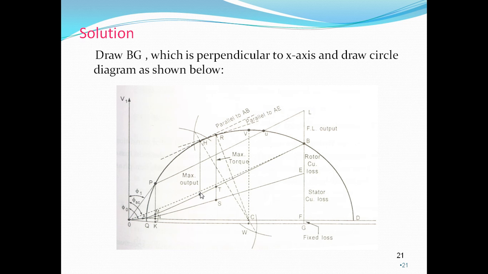Maximum output is equal to HI centimeters, multiplied with the power scale, which gives the maximum output.